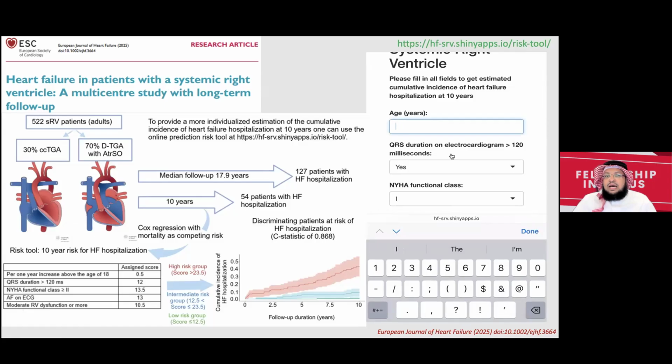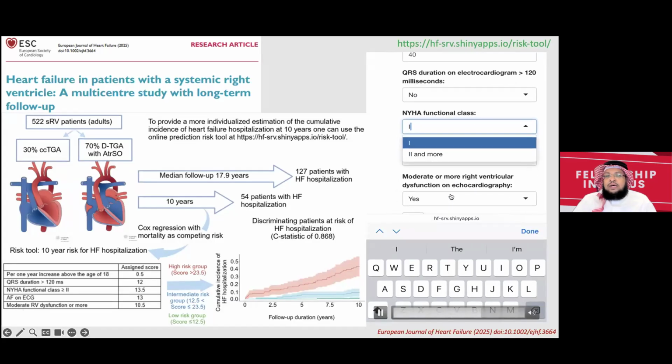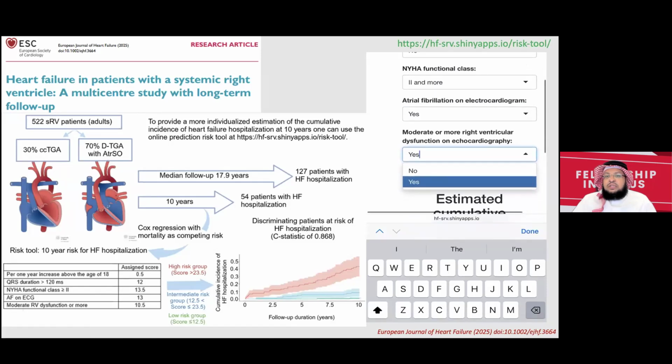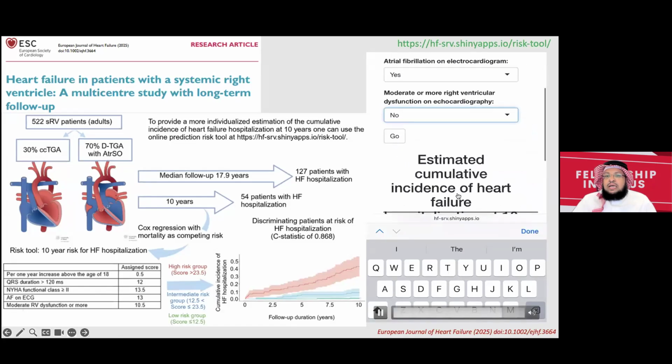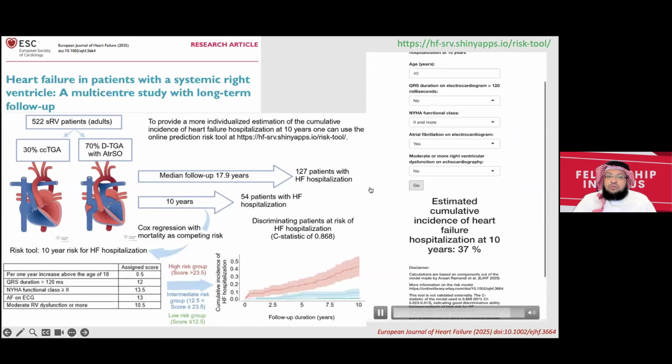The higher the age, the wider the QRS complex, the presence of functional class more than two, atrial fibrillation, and ventricular dysfunction, the higher the risk for heart failure in those patients.